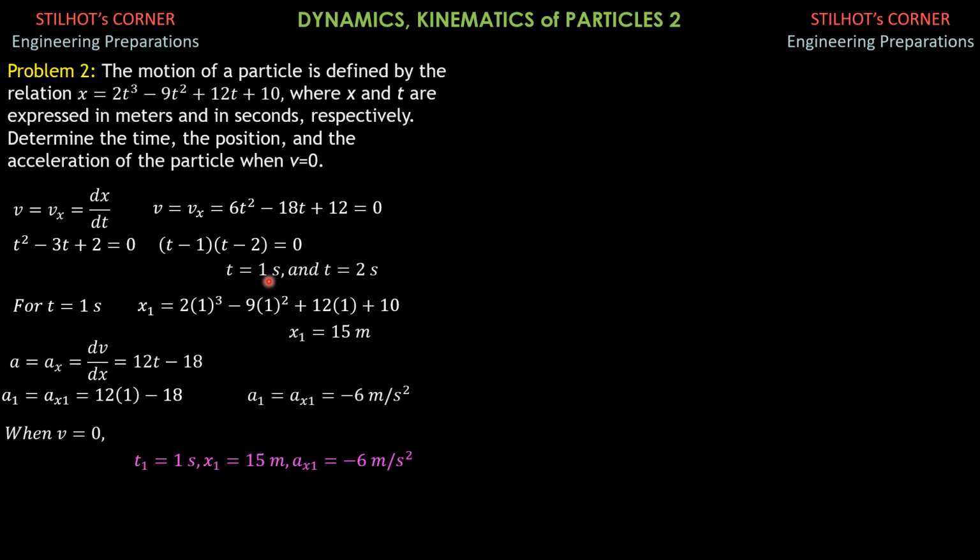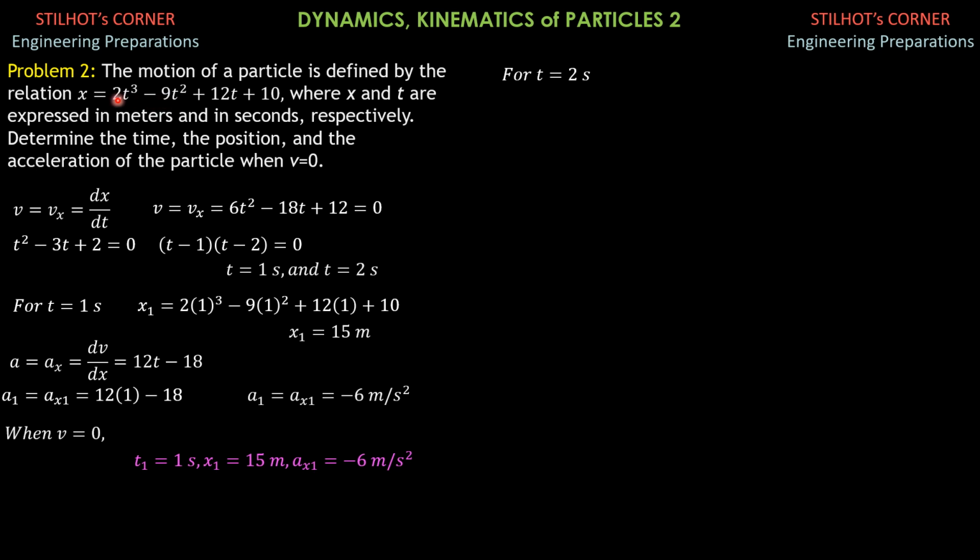So for t equals 2 seconds, the velocity is also 0. So the position is x sub 2, substitute here, 2 times 2 cubed minus 9 times 2 square plus 12 times 2 plus 10. 2 times 2 cubed is 16, minus 9 times 2 square, negative 36.